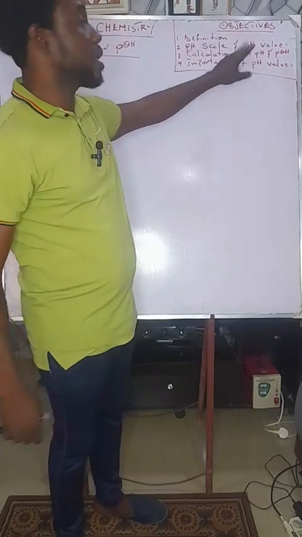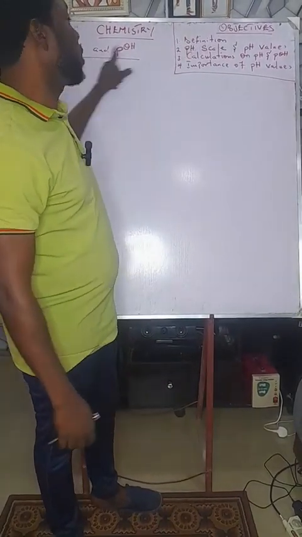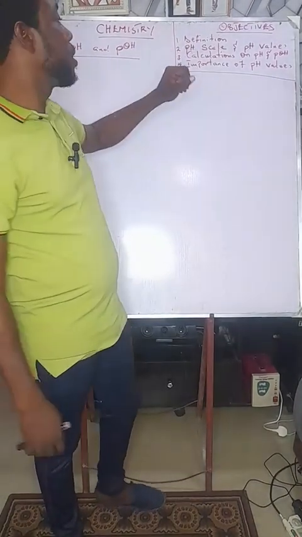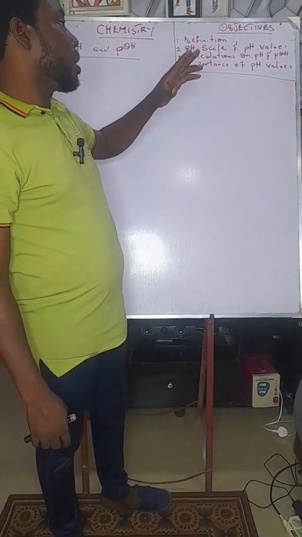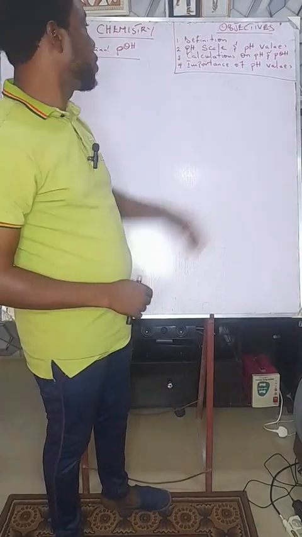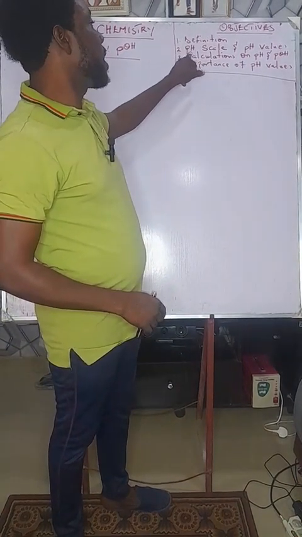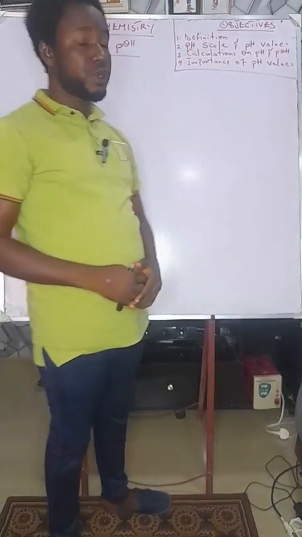We are going to see the following objectives. At the end of this class, we all should be able to define pH. We should be able to define pOH. Then we should be able to define pH values. Then we should be able to understand the pH scale and the pH values.